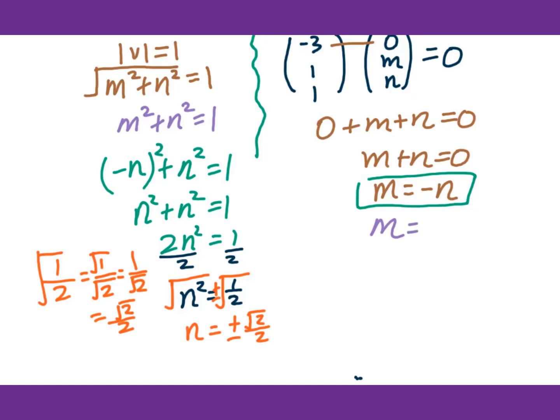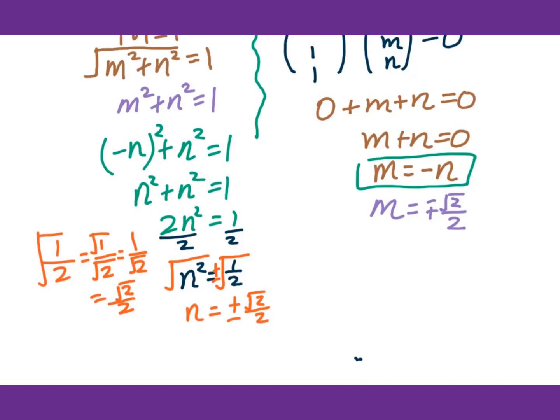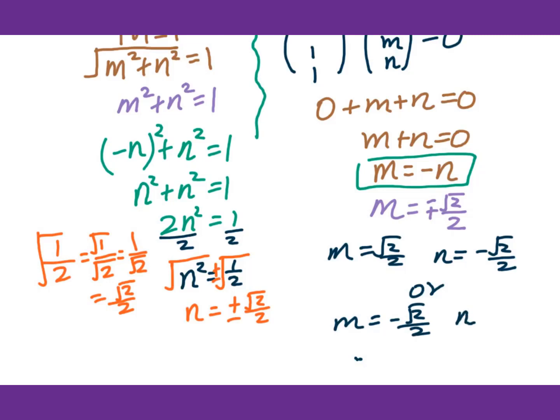You will get negative and positive, because M is the opposite of N. Which means when M is positive square root of 2 over 2, then N will be negative square root of 2 over 2. Or we have M equals negative square root of 2 over 2, then N equals square root of 2 over 2.